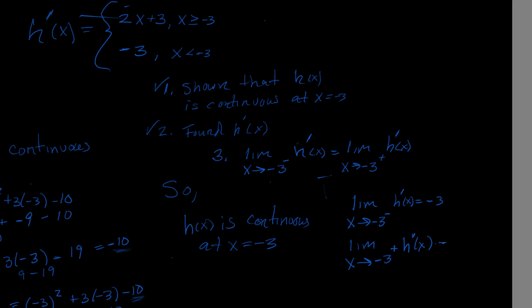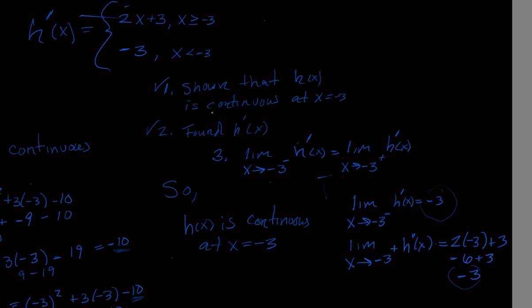So that's going to be 2 times -3 plus 3, which is -6 plus 3, which is -3. This is very good, since as x approaches -3 from the left, the derivative was -3, and as x approaches -3 from the right, this derivative is -3.